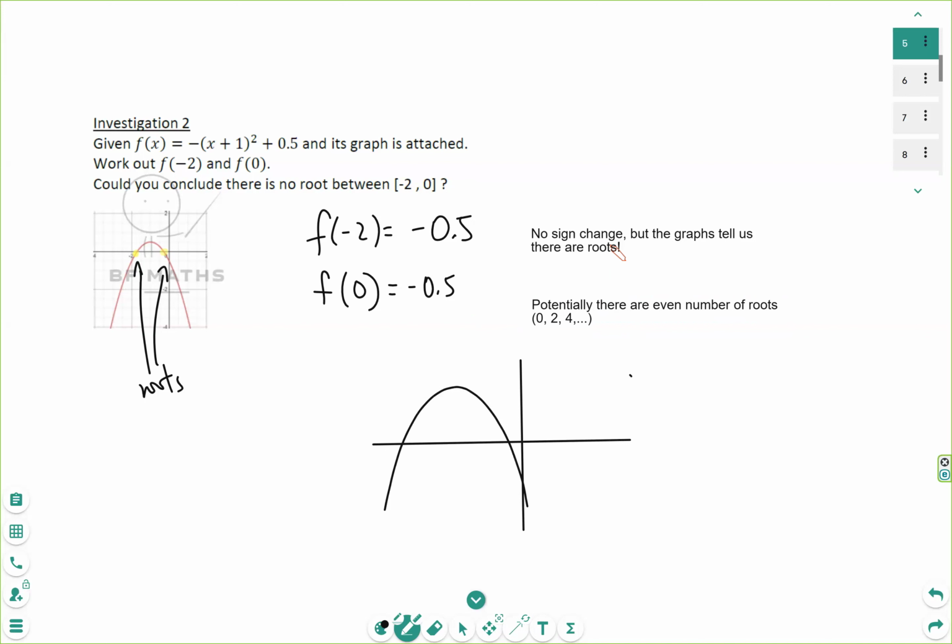Just draw it bigger. Here, minus 2 is negative, and that's negative. So these are both negative. However, there are roots in between. There are 2 roots. So that's the issue. Can you conclude there's no root? No, actually, there are two roots. Instead of 0 roots, you have 2 roots. They're an even number of roots. Next one.